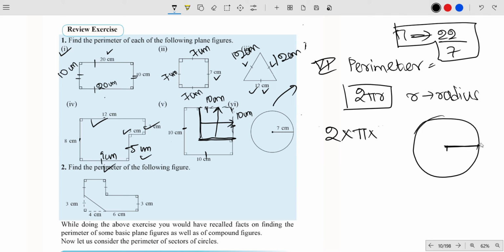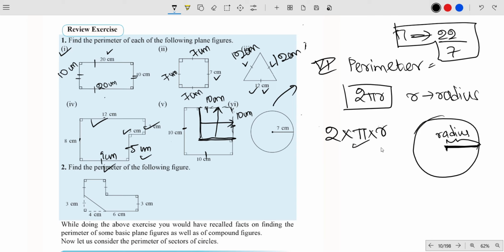So the length from the center of the circle to a point on the circle is called the radius. So the equation is 2 pi r.